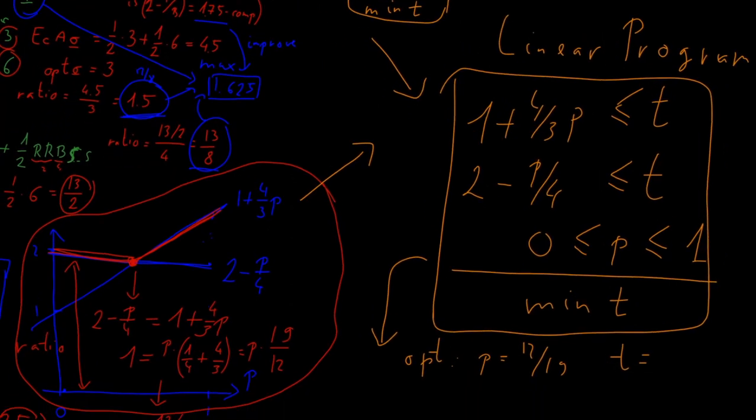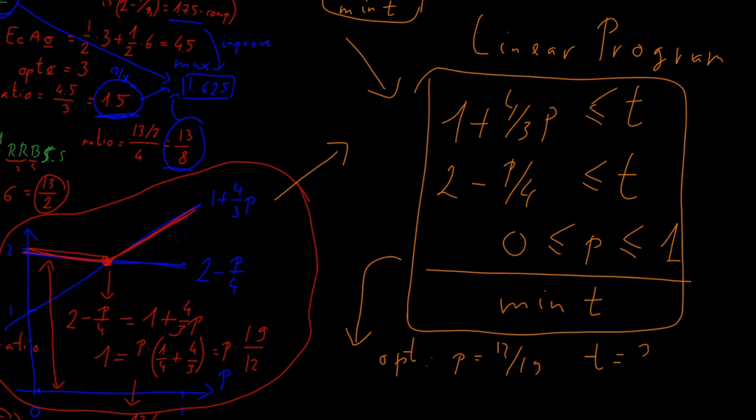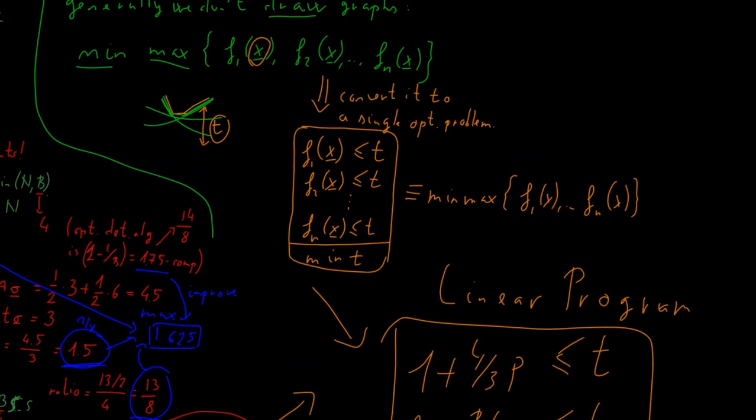I'm just peeking at it, it was 35 over 19. So instead of drawing these graphs, which is not that computer friendly, and you usually are not only dealing with linear functions, this method in general helps.